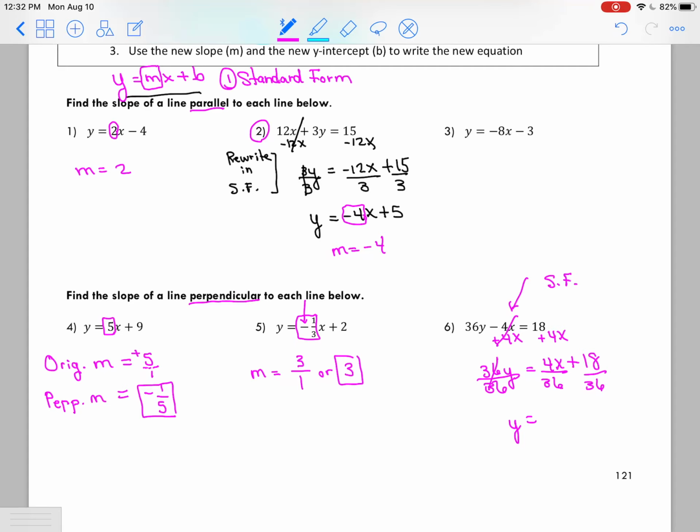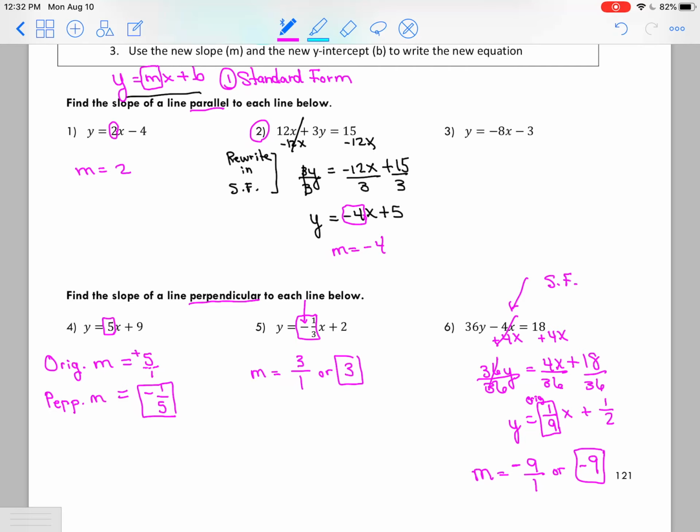Of course, we can divide both of those by 4, which is going to give us 1/9 x, and then 18 is half of 36, so plus 1/2. Okay, so if 1/9 is my original, then the slope that I need is going to be the flip of that, 9 over 1 instead of 1 over 9, but we need to make that negative, or we can just simply call that negative 9.